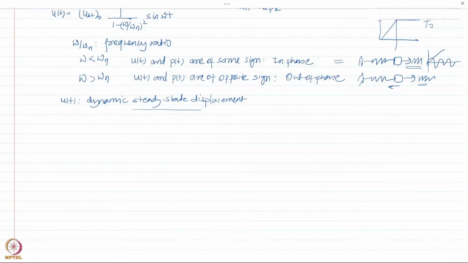Now, can you imagine if I again have a dynamic steady state displacement which is varying as a function of sine omega t? It would again have some peak value, basically some amplitude. So can I write my u(t) as u_0, which is the dynamic displacement amplitude, times sine omega t, where I write it as u_st0 times R_d times sine omega t?